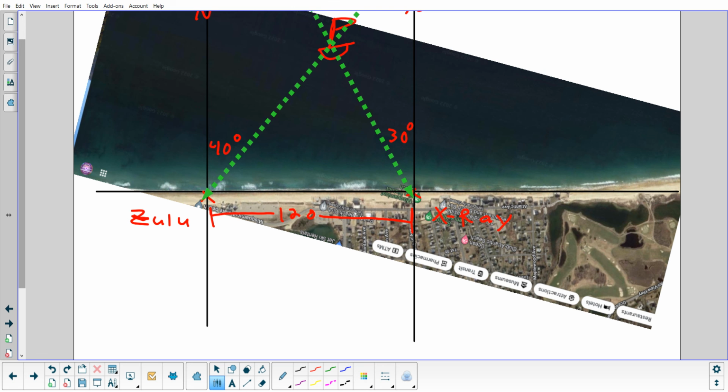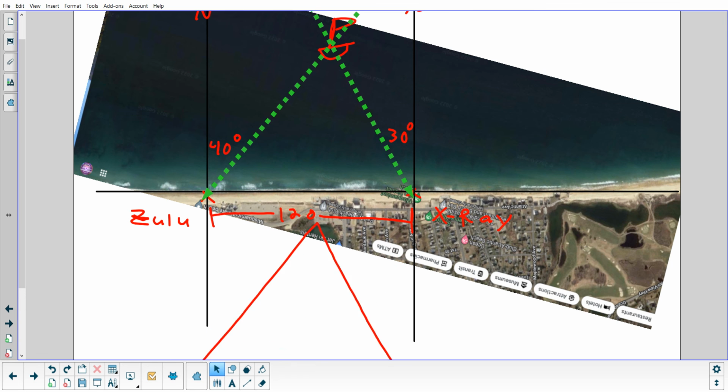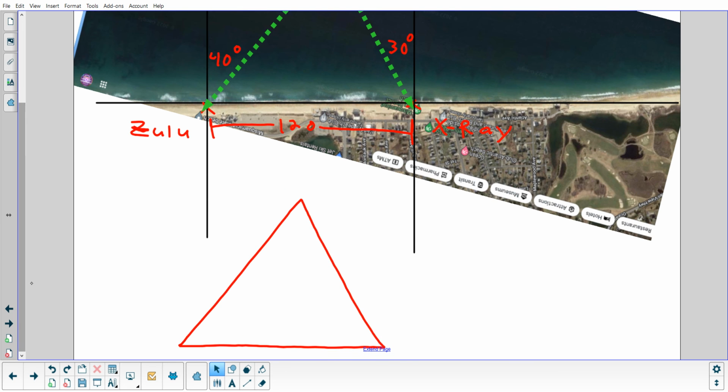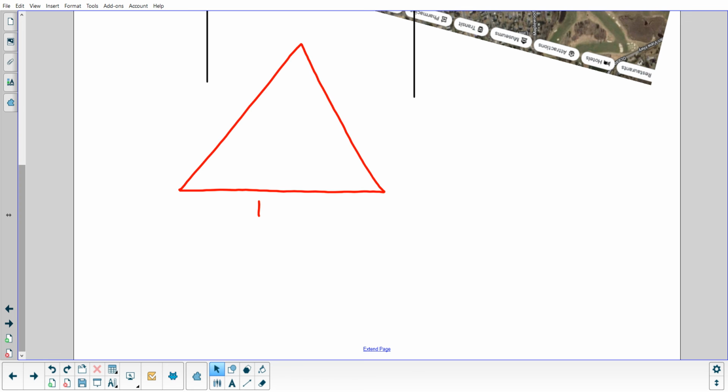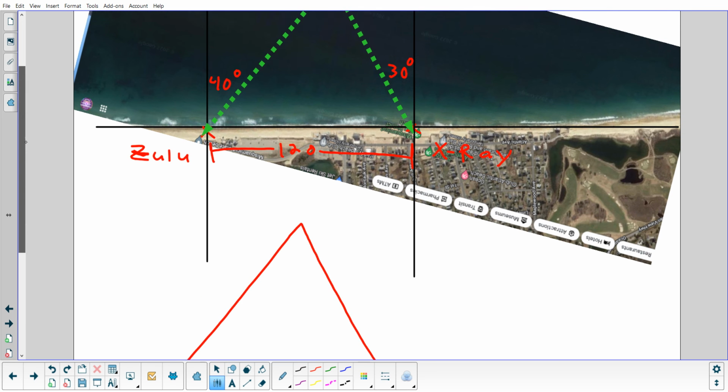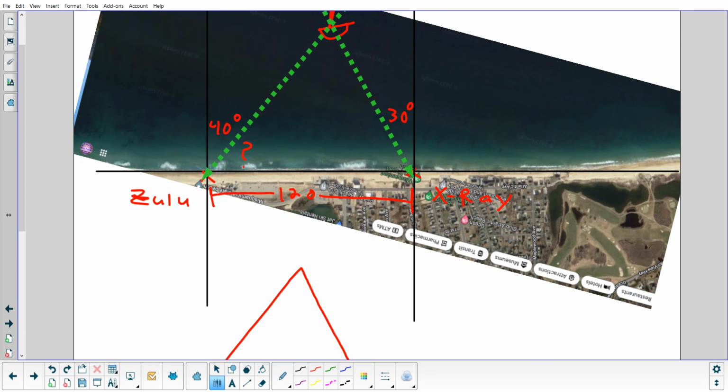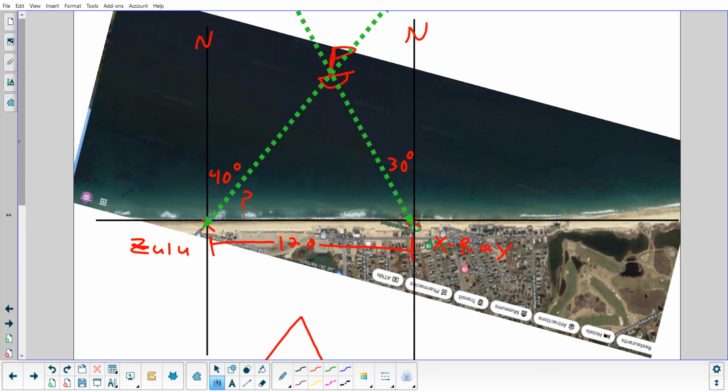Now it's just a matter of finding the distance of each side of that triangle. Let's take that out of the picture and fill it in. So this side is 120. What's that angle right there?